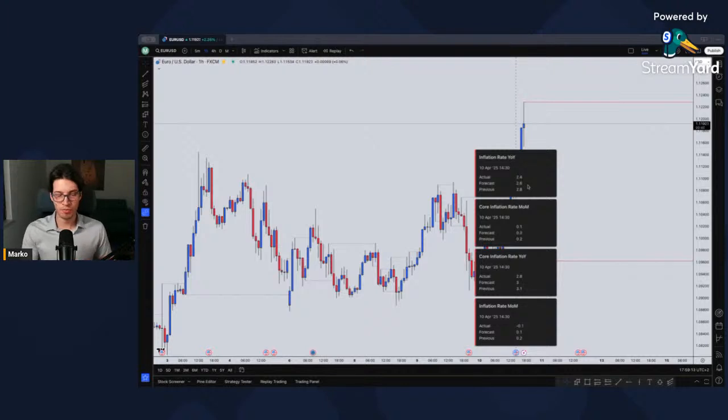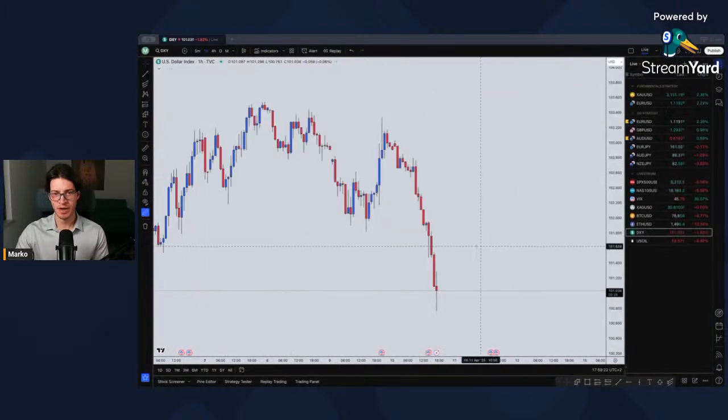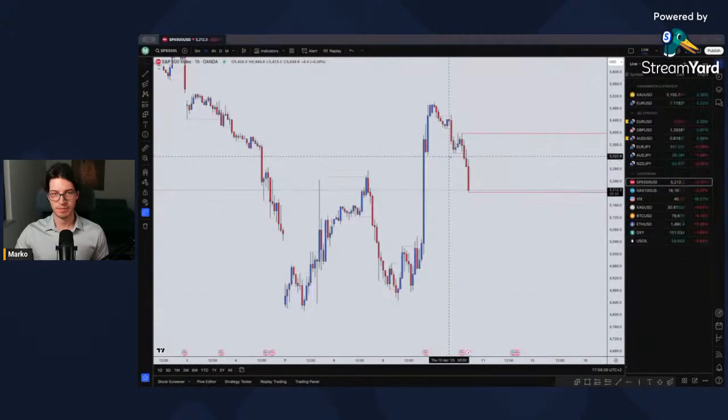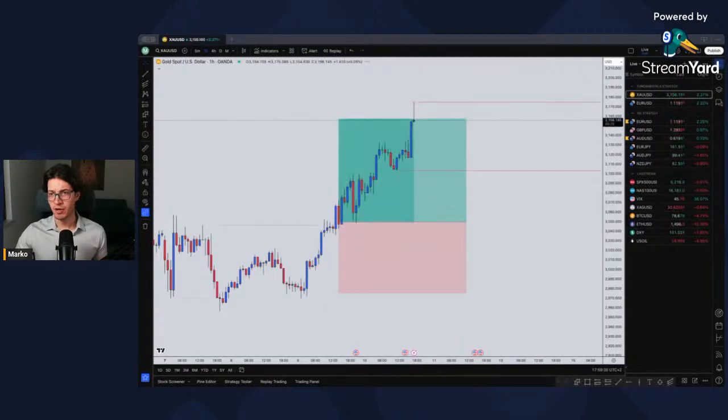So they have more room to lower interest rates to stimulate economic growth, which is bearish for the US dollar. Okay, so bearish for the DXY, as you can see, going down, and a bit bullish for the stock market. But of course, the major news event is still the tariffs, so there wasn't a big reaction on the stock market. We're going to wrap it up here.